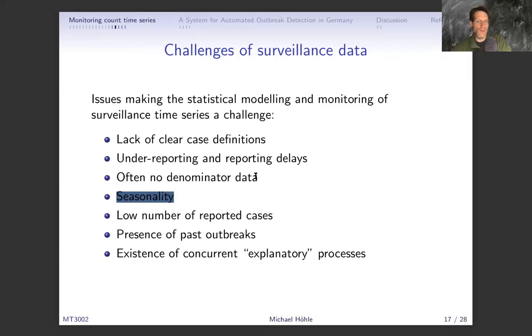One issue, and this became obvious for the COVID data also, is that often you have no denominator data: how many tests were actually conducted, and how many were negative, or how many were done altogether, is not always recorded.